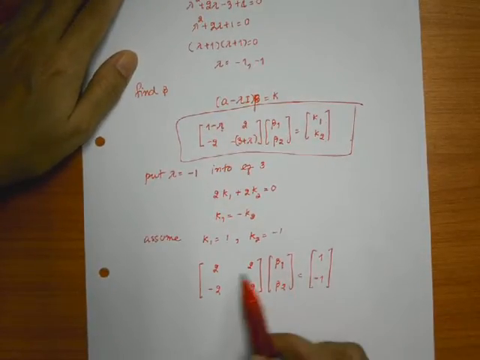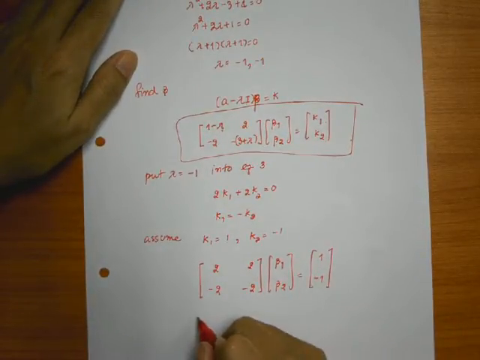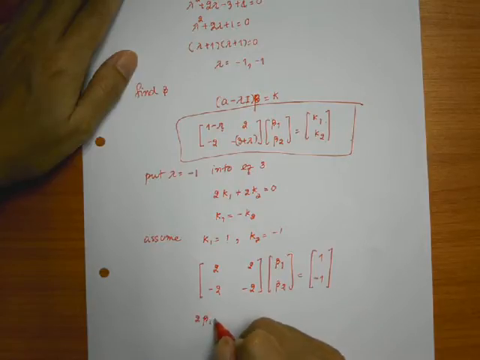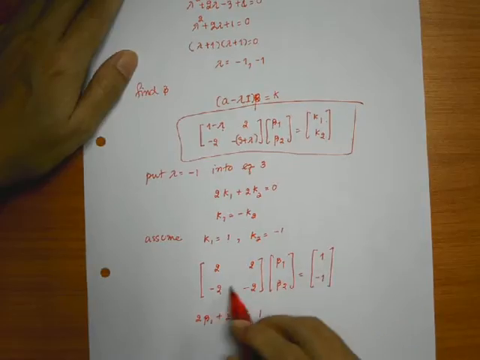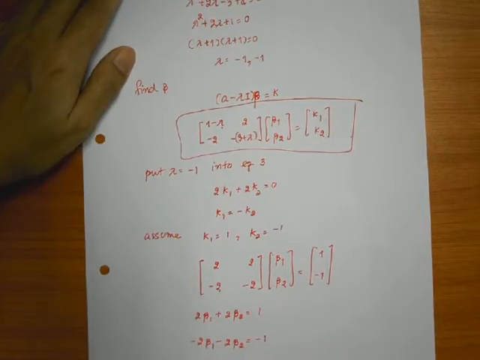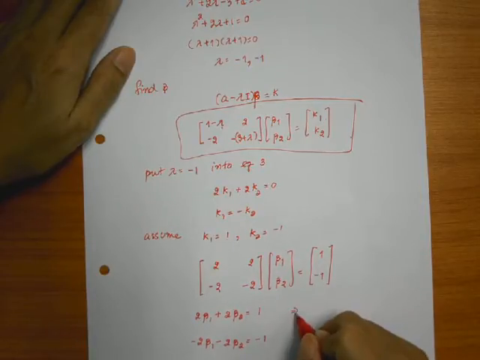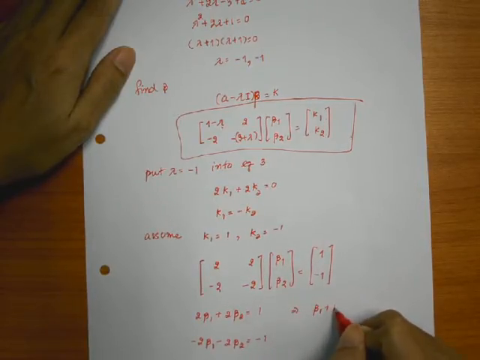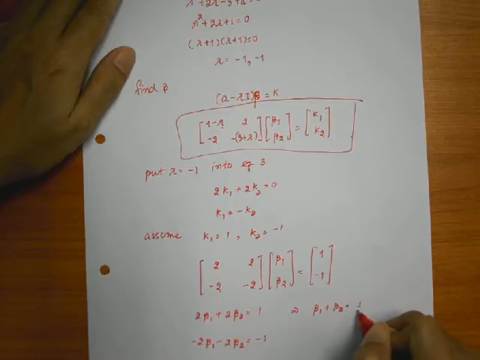From this matrix, the first equation is 2 beta 1 plus 2 beta 2 equal to 1. And the second equation is minus 2 beta 1 minus 2 beta 2 equal to minus 1. If you see, these two equations are the same, so in that case beta 1 plus beta 2 is equal to 1 over 2.